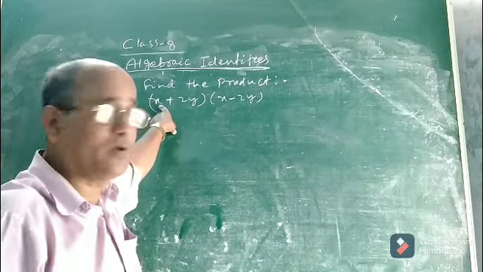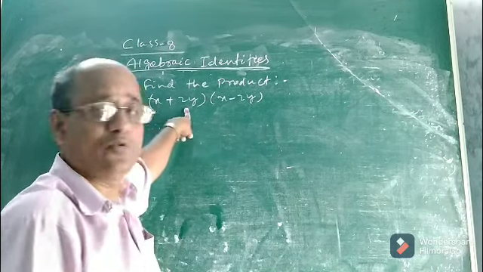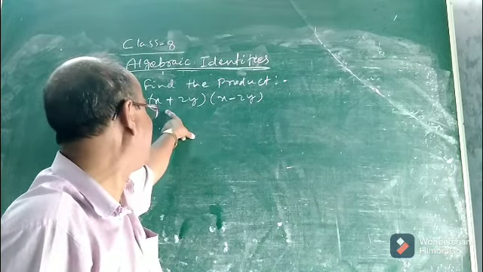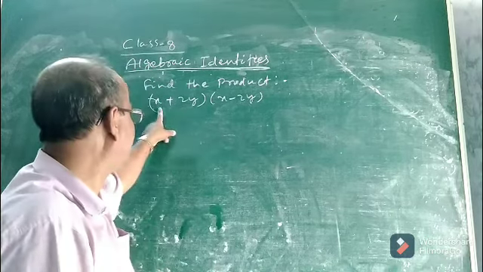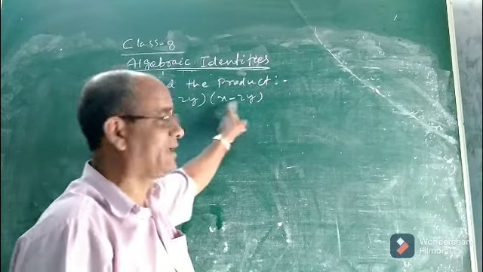Look at children. Suppose you take x as a and 2y as b. Now this expression will become a plus b, and this expression will become a minus b.